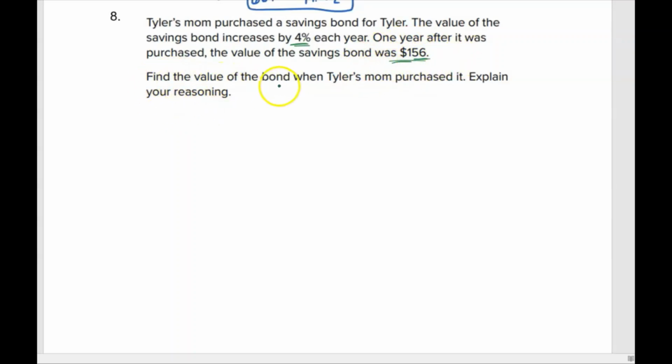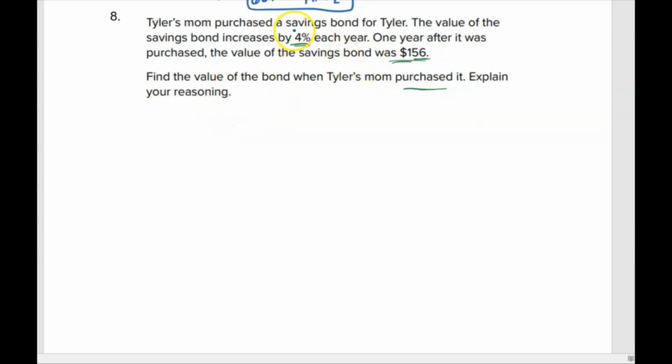This says find the value of the bond when she purchased it. So before, when she put money into it, how much did she buy? I'm kind of tricky on this one because we're working backwards, because we don't know what it started at.